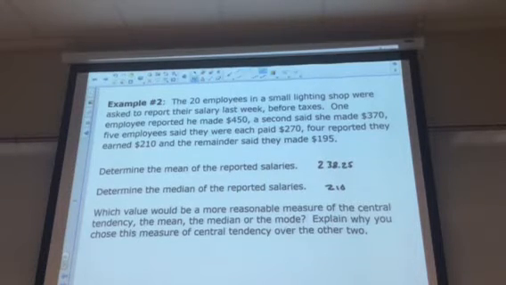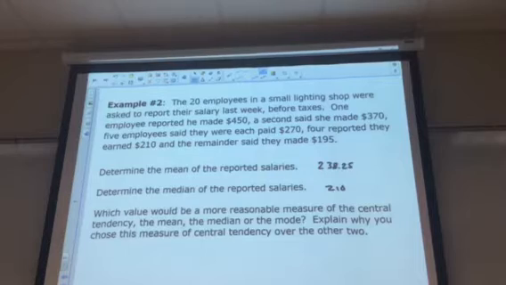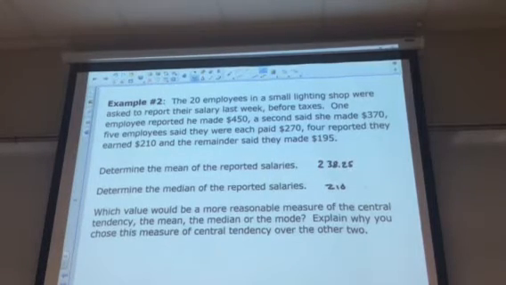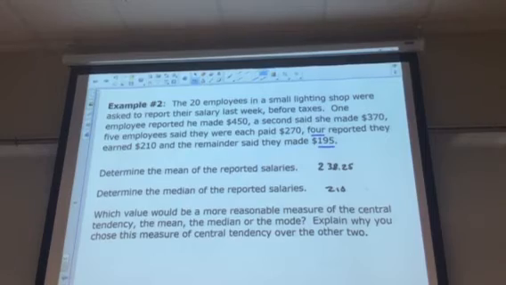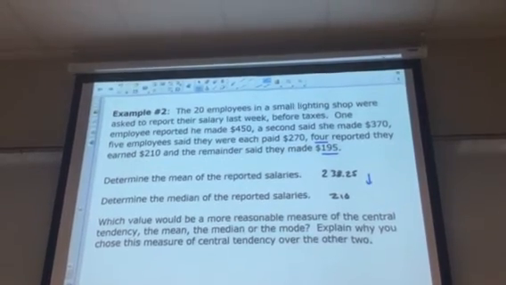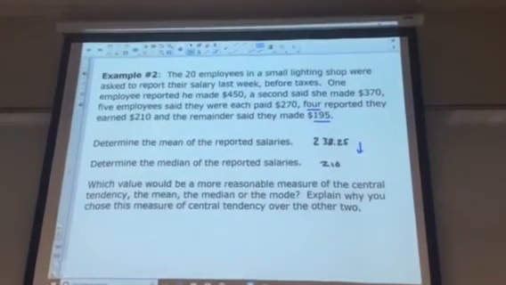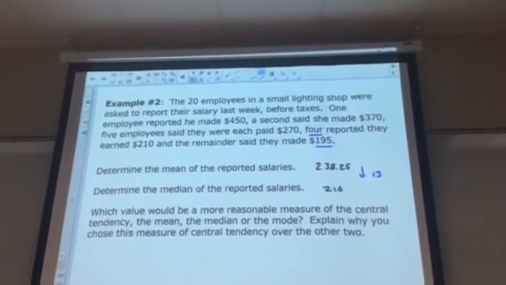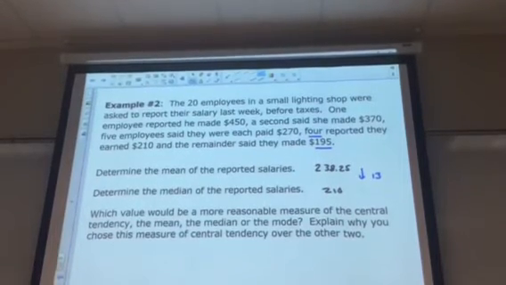So look at the 238s. How many people have salaries that are below 238? Those 4 people that have 210, and those 9 people that have 195, so are there 13 people that have salaries below 238?